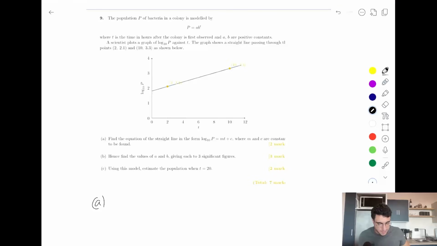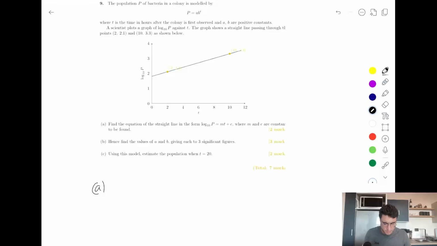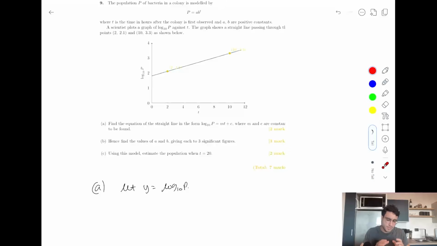Well, I'm just going to let y equal log 10 p. Why am I doing that? By letting y equal log 10 p, I'm recognizing that this is all just a function that we're used to. There's no need to complicate things.